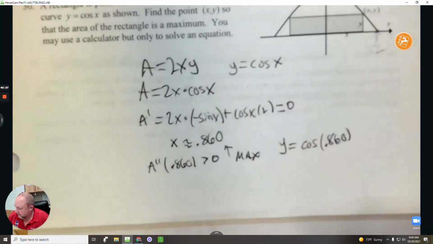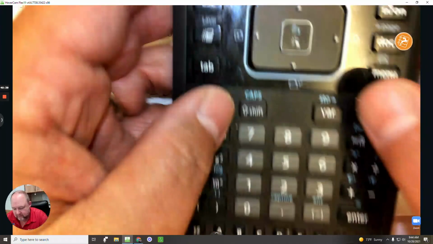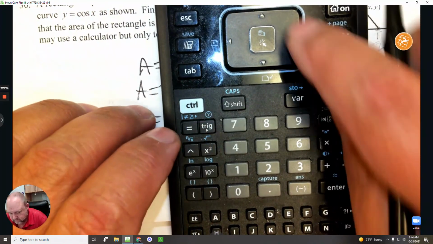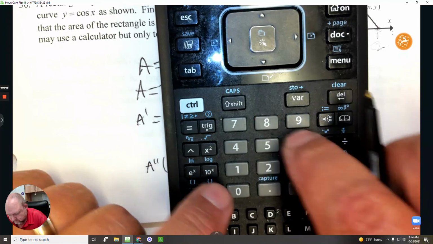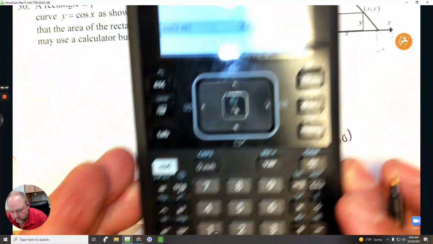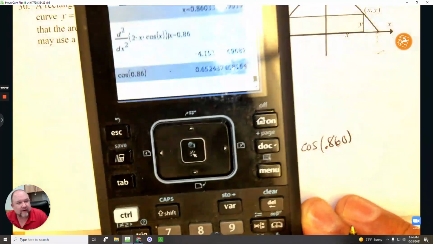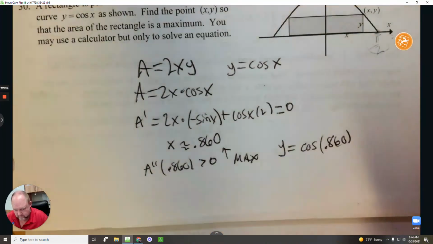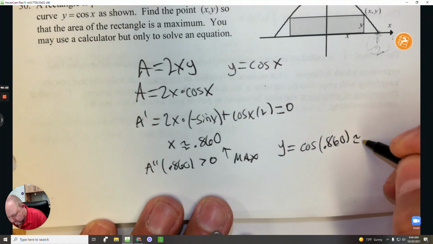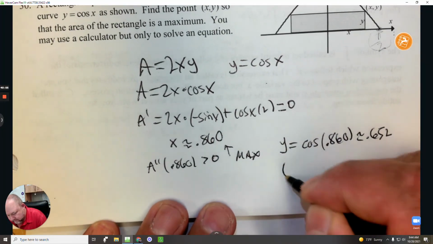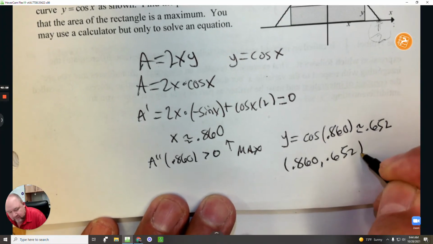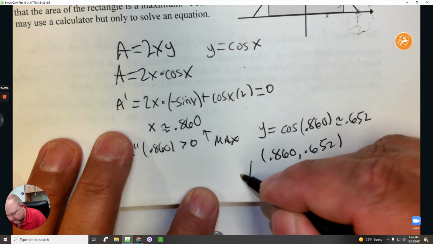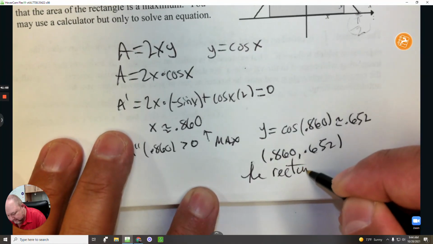Use your calculator, cosine 0.860. And I get 0.652. So at 0.860 and 0.652, at that point, the rectangle has a maximum area.